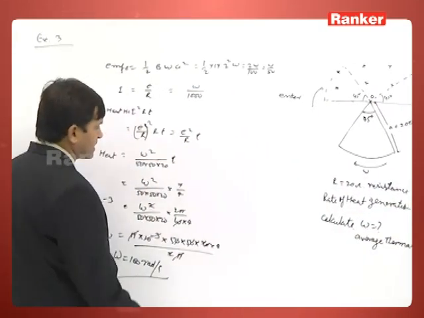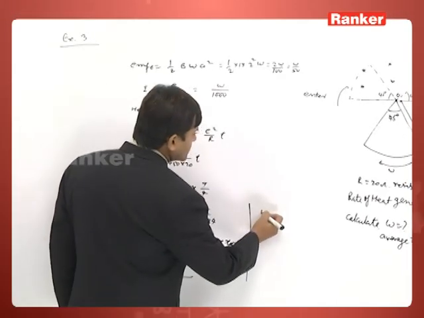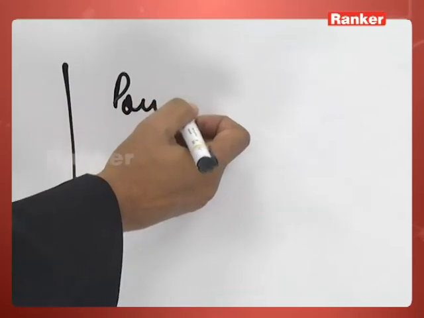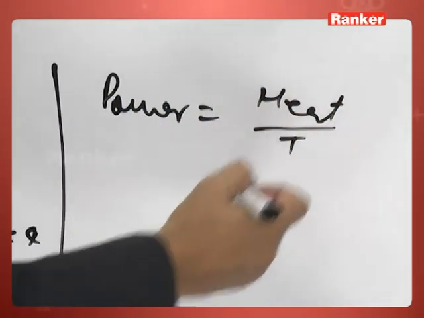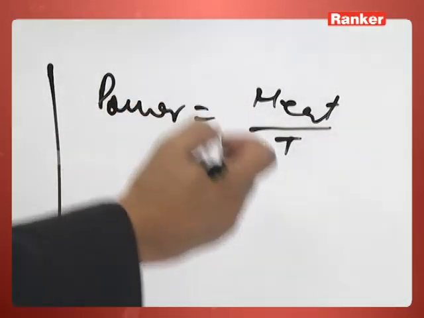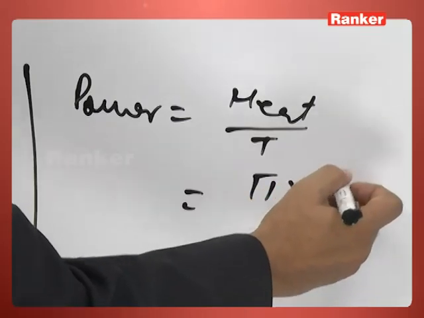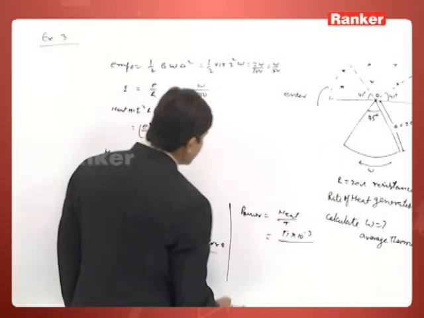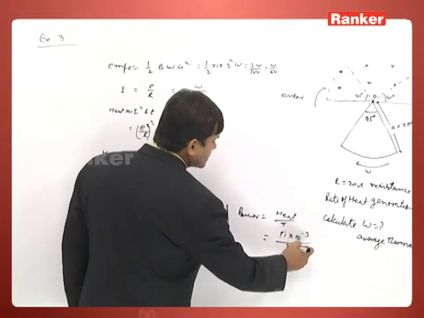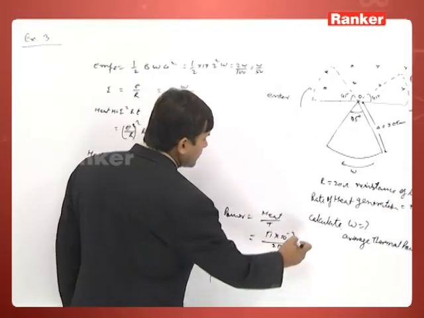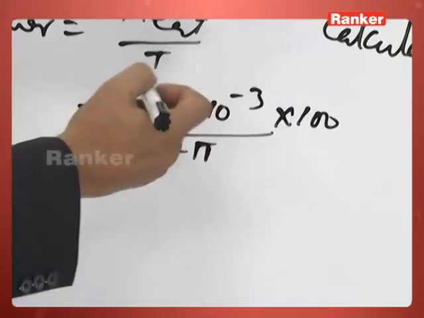So thermal power is the power, we can say heat by time T. The total heat we have already found, pi millijoule, 10 power minus 3, and the time of one cycle is 2 pi by omega, omega is 100. So this we can calculate.